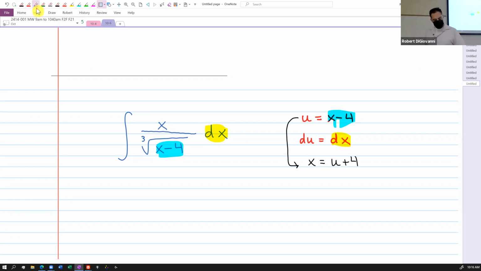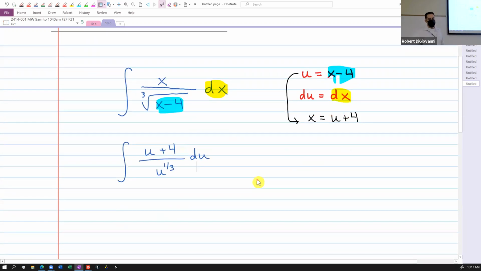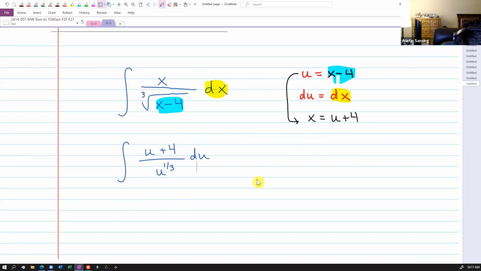Okay, this is looking very good then. So you get u plus 4 over the cube root of u, right? On the bottom, I'm going to write that as u to the 1/3 du. Now what? Split them up, right?